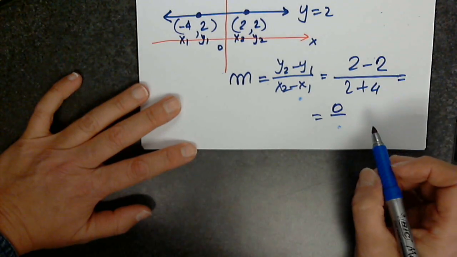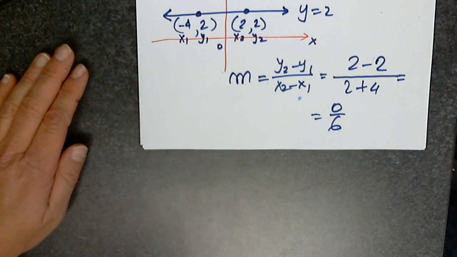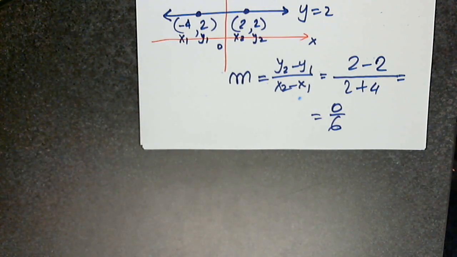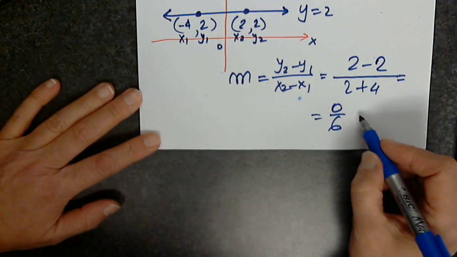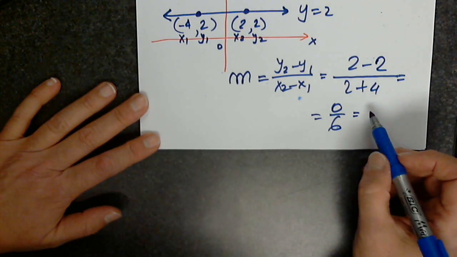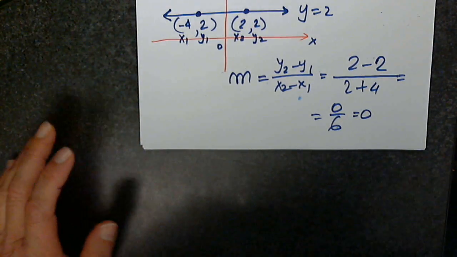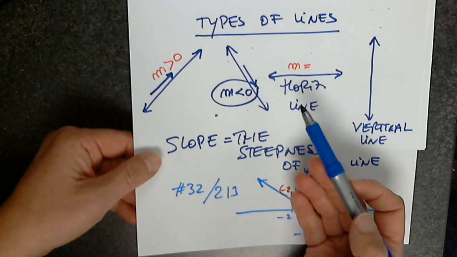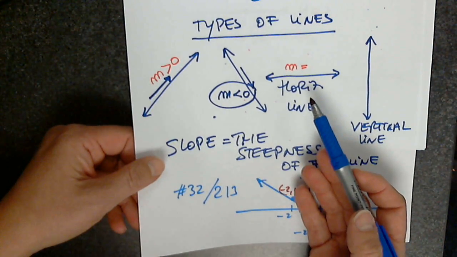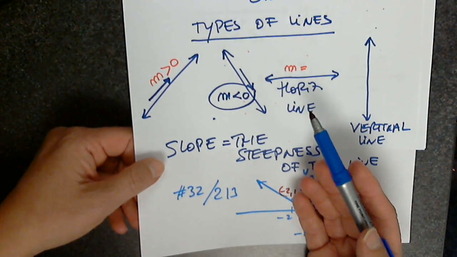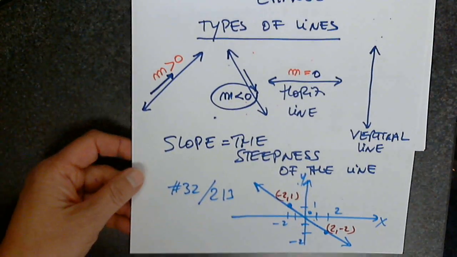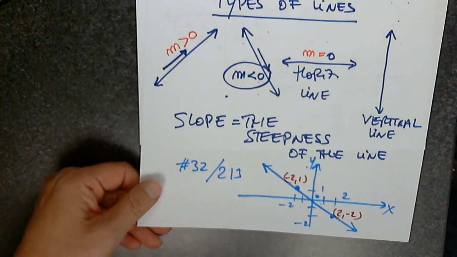What is the bottom? 6. Good. I have $0 and I choose 6 of you to share my 0 with. How much will you get from me? 0. Exactly as Tim suggested. One more time. What is the slope of any horizontal line? Excellent. The slope of a horizontal line is 0.